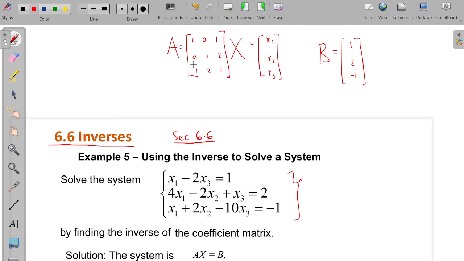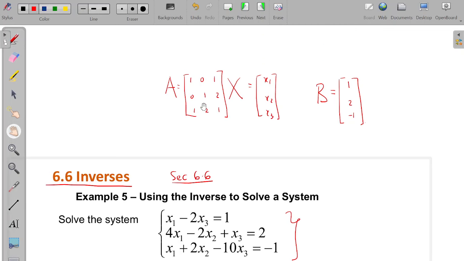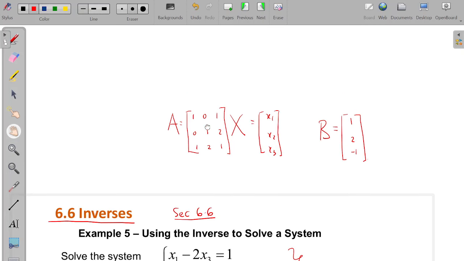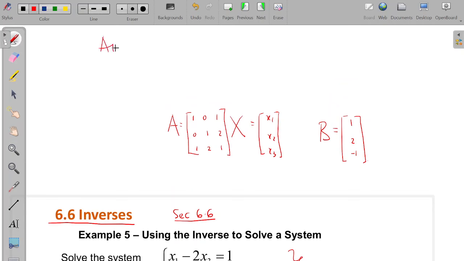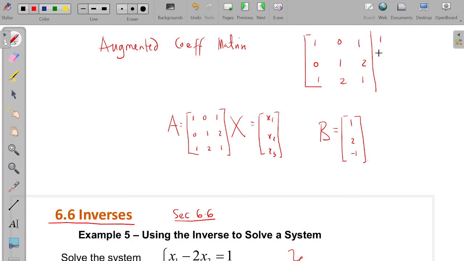In this one, what we did previously was bring this right-hand side value into this matrix, and we get an augmented coefficient matrix, where we put our A and B side by side.